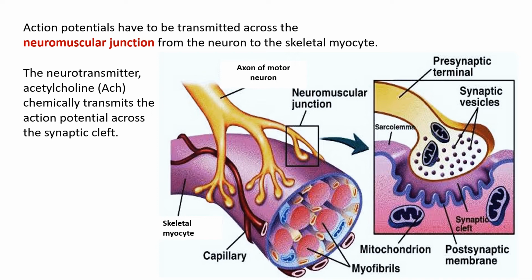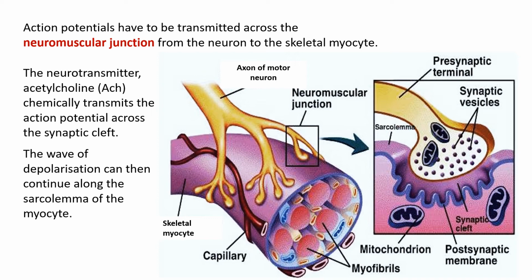The chemical, in this case, is the neurotransmitter acetylcholine, ACh. Always motor neurons, it's acetylcholine. ACh, acetylcholine, chemically transmits the action potential across a gap between our neuron and, in this case, a myocyte, known as the synaptic cleft.